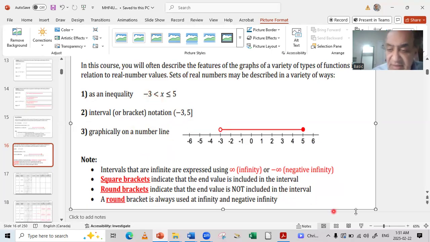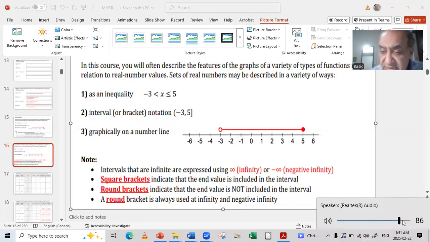For that reason, we can't put it in a closed or square bracket. Again, because x is greater than -3, but it's not exactly -3, we put it in a round bracket.